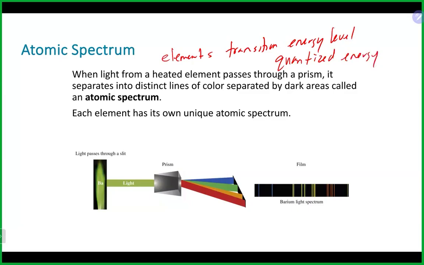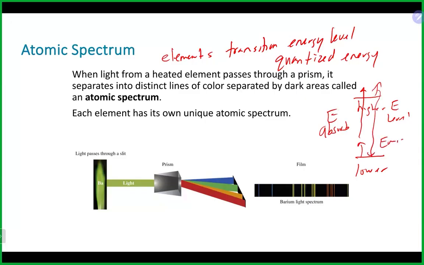And what quantized energy means is, as electrons transition between different energy levels, so if this is a lower energy level and this is a higher energy level, either going upwards, which again is energy being absorbed, or that electron dropping back down, that is what is known as an emission happening as the atom gives off that energy.